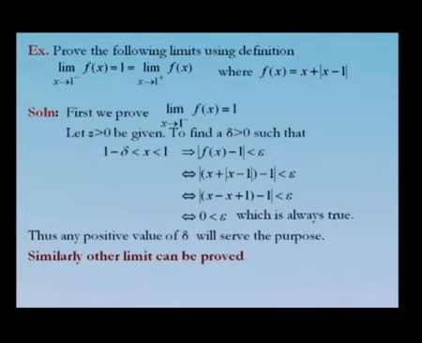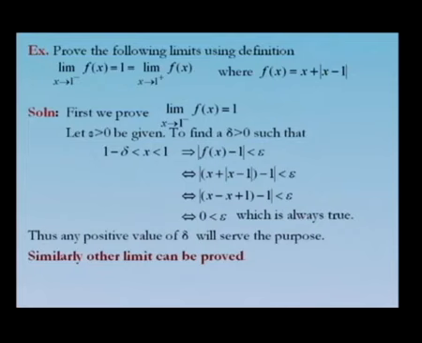To find a delta greater than 0 such that 1 minus delta less than x less than 1 implies mod f(x) minus 1 less than epsilon, if and only if, now we substitute the value of f(x) here, mod x plus mod x minus 1 is less than epsilon.